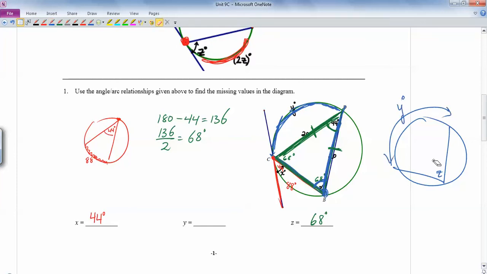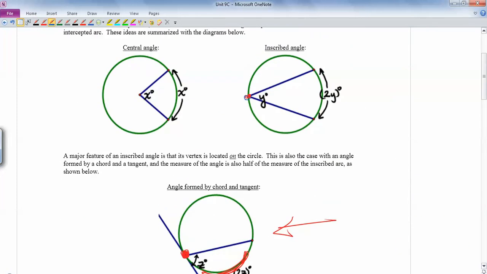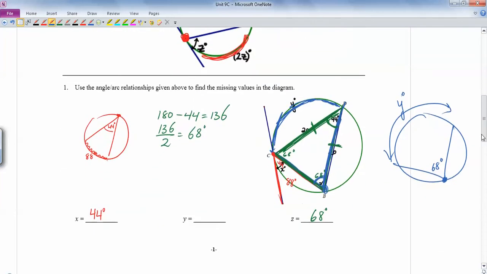Now Z we already know is actually 68 degrees. And the corner is on the circle, so that's an inscribed angle, corner on the circle. So whatever the angle is, the arc is twice that. So if this is 68, y is 2 times 68, which is going to be 136.